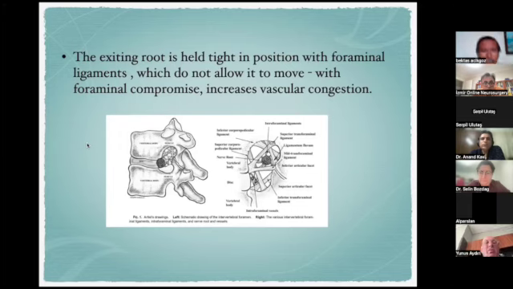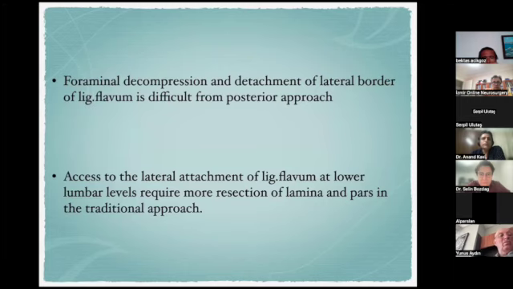So now this root swells in an already compressed area in the already compromised foramen, and this causes vascular congestion and claudication symptoms.